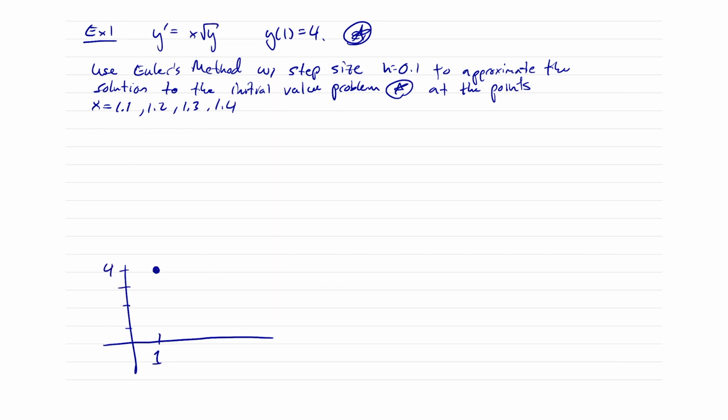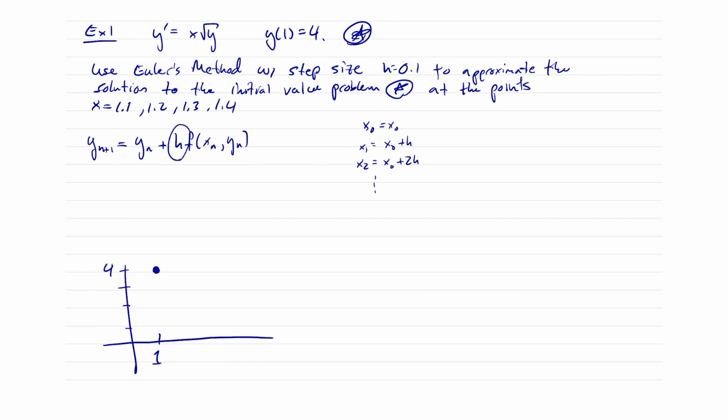We have our initial value, and each successive point is going to be built like this: y of n plus 1 is equal to yn plus h times f of xn, yn, where x0 is just your initial value, x1 is equal to x0 plus h, x2 is equal to x0 plus 2h, and so on.